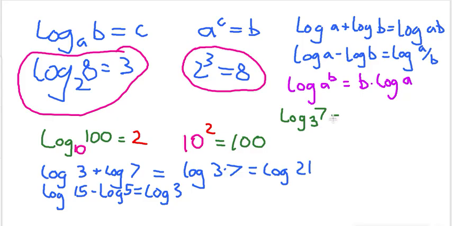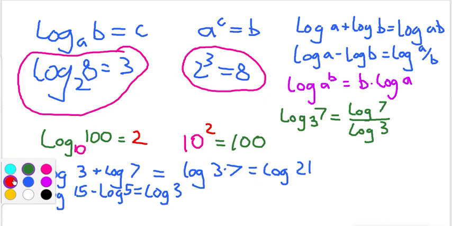Well, this happens to be log of 7 divided by log of 3. You can put any base that you want as long as it's the same for both. We're going to leave it as base 10, but it could be any base as long as it's the same for both. And that's how you change the base.